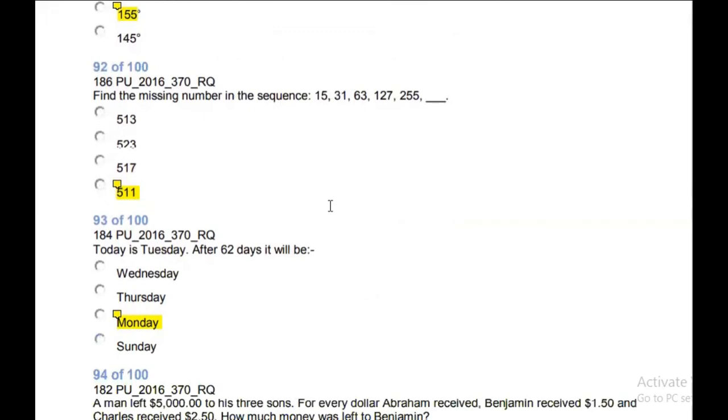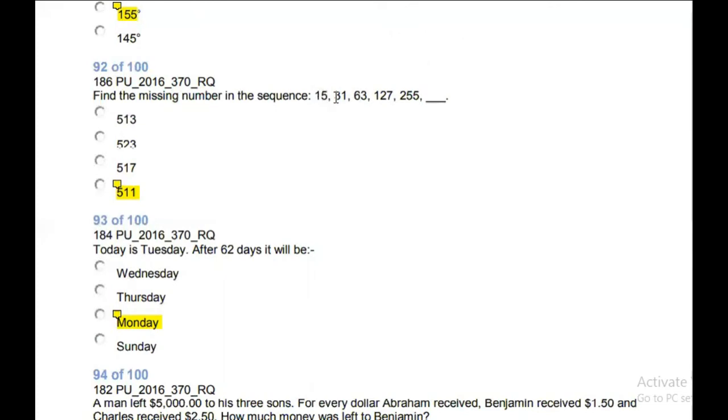Next question, question number 92. Find the missing number in the sequence 15, 31, 63, 127, 255. Here we can see that after 15 the next term is 31, which is double the previous element plus 1.